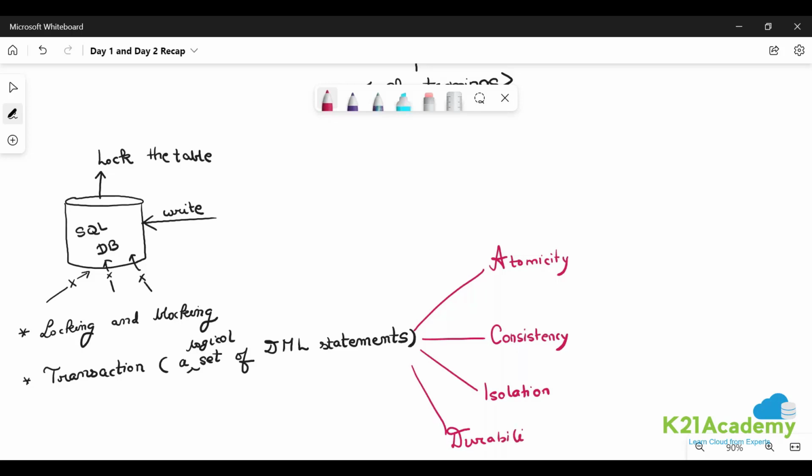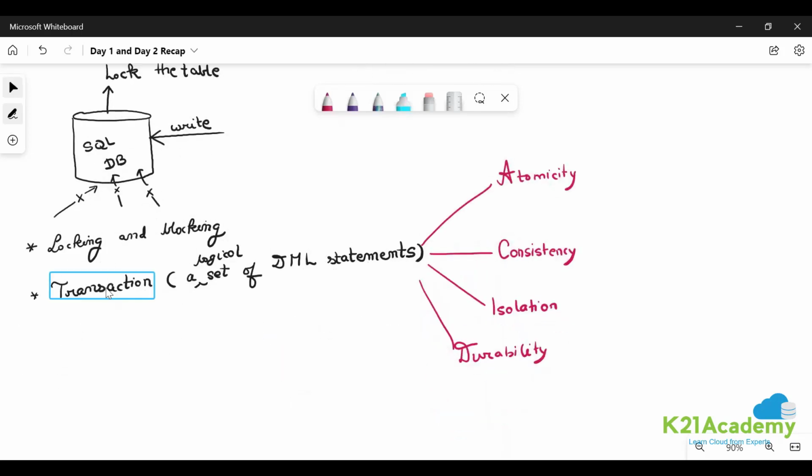You studied all these four principles in DP-900. Atomicity means all or none. A transaction will execute all the statements or none of them. All or none, atomic. Consistency, data before and after the transaction will be consistent. So either you have to commit or you have to roll back the transaction.